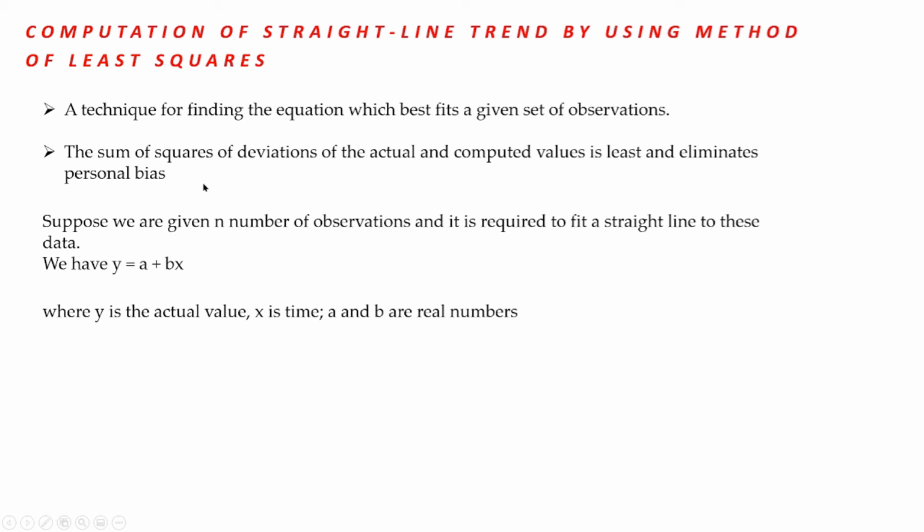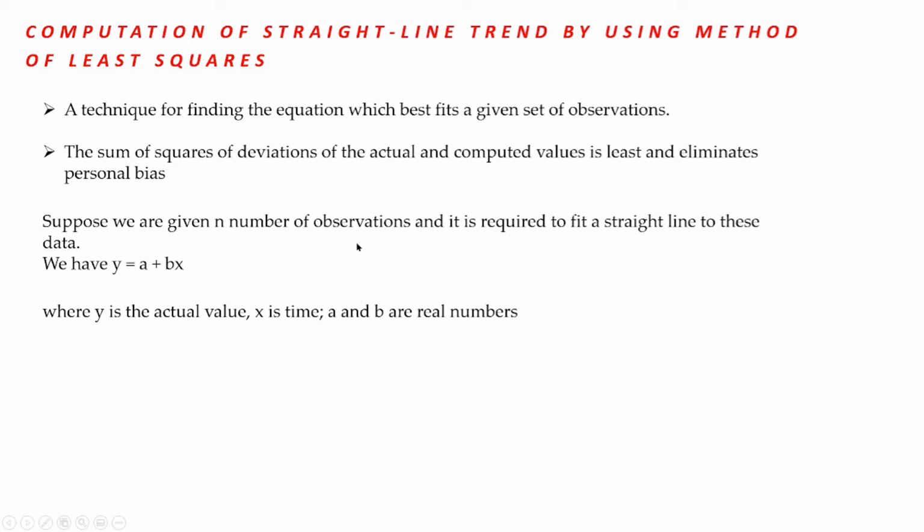Here the sum of squares of deviations of the actual and computed values is least, and it also eliminates personal bias. Some person may think of calculating a 3-year moving average, some may think of a 4-year moving average. Like that, in this method, it eliminates the personal bias.